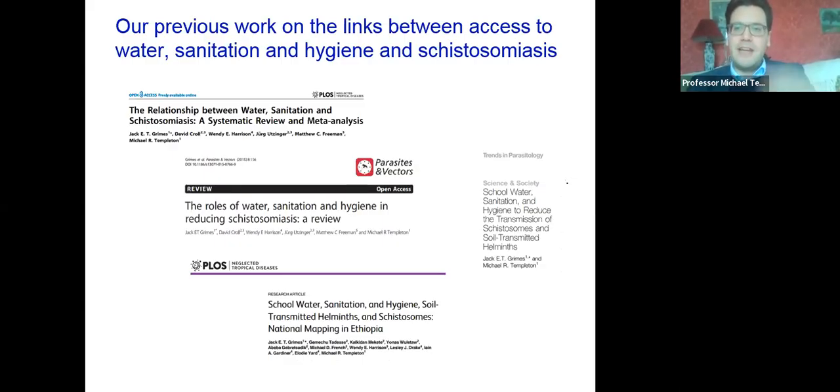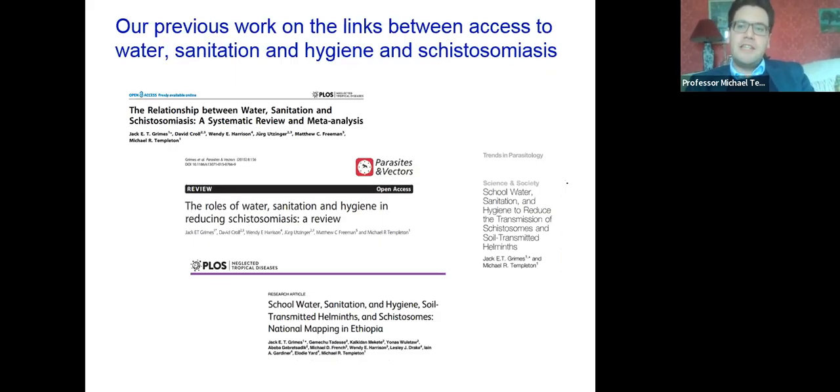By combining the data sets, you can come up with very strong, higher-powered conclusions. And so we did that, looking at all of the studies that have been done on access to water and sanitation and infection with schistosomiasis.